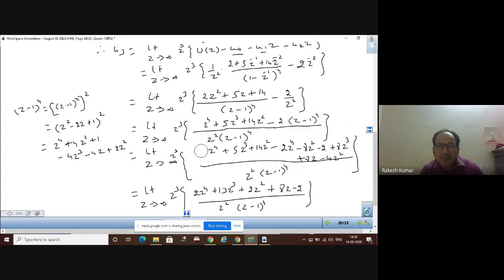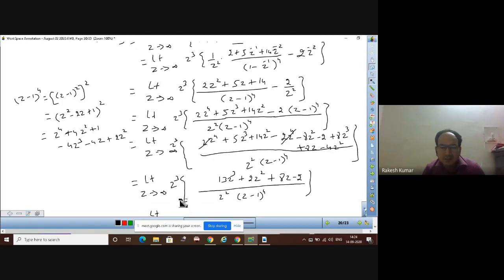So ultimately, 2z power 4 should be there. So this is wrongly written. You just change the things, and 2z power 4 and 2z power 4 will be cancelled. So ultimately, this term is not left with us.